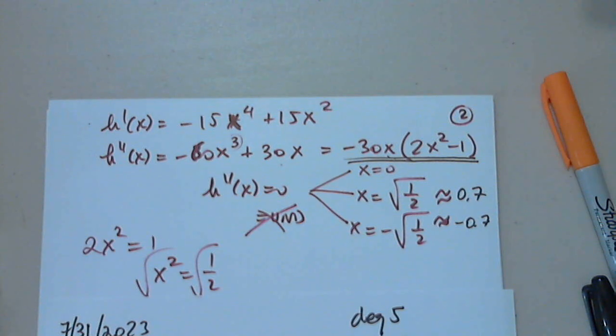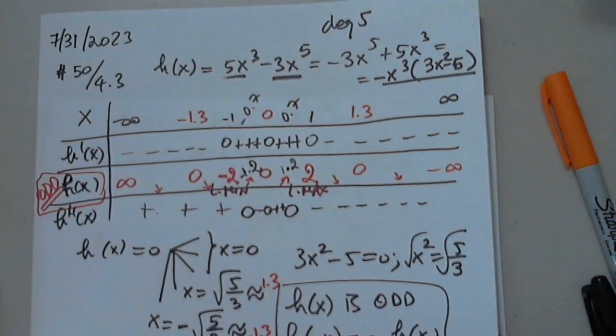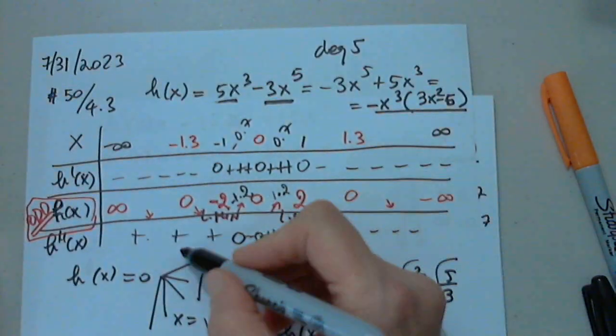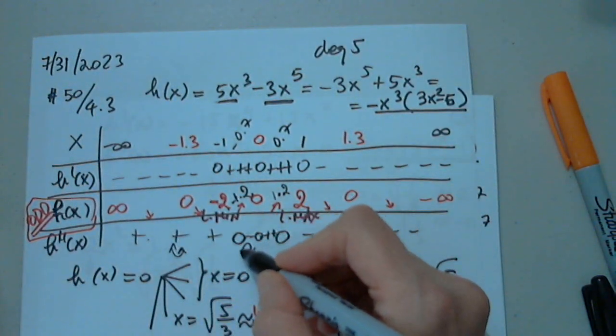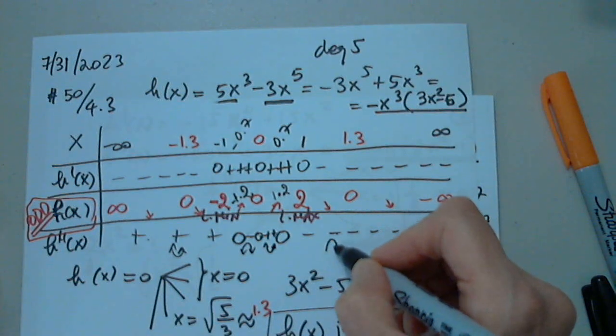And then I plug in, there is no need, but let's say I plug in 0.5, and it obviously has to be positive. And then I plug in 10, and it will have to be negative. So my table did get crowded. So opening up, opening down, opening up, opening down.